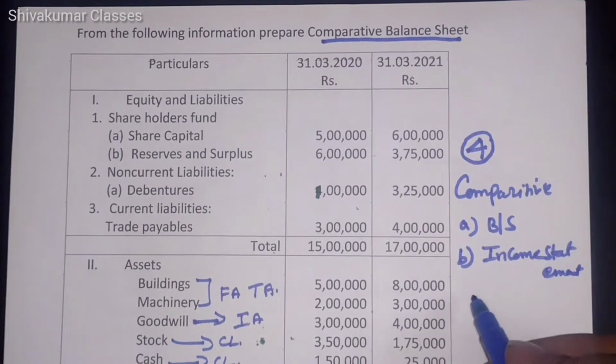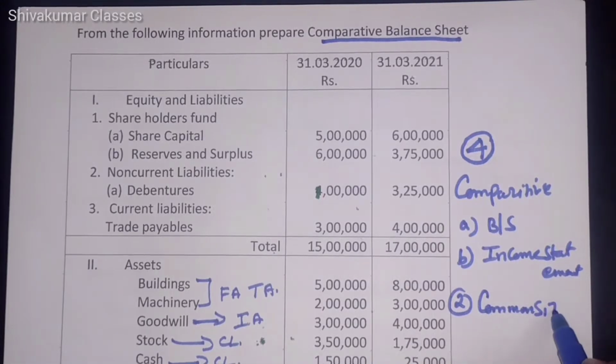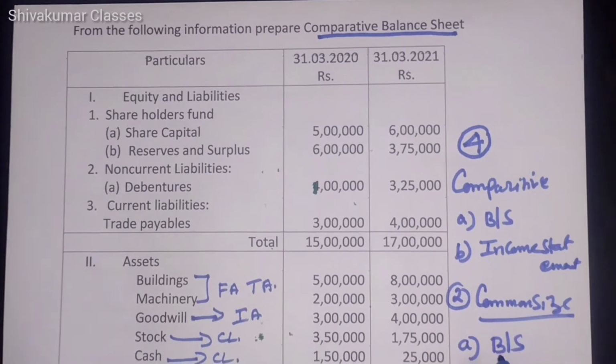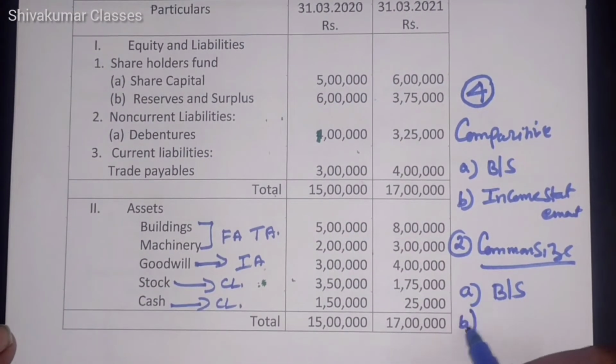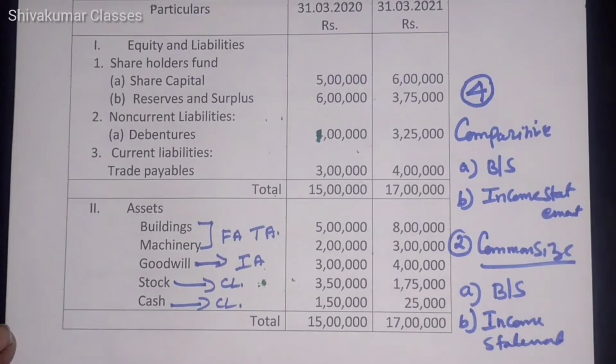And in the same manner, the second type we have to do is common size. Under this common size, once again, first one is on balance sheet and second one is on income statement. Yes, out of these 4, definitely one question will be there in the final examination.